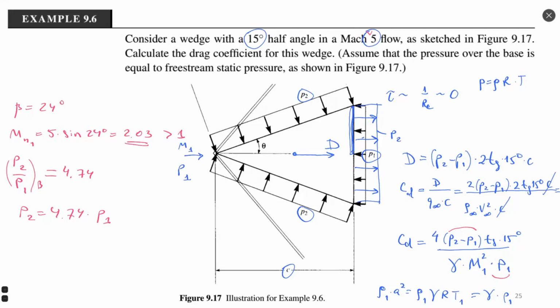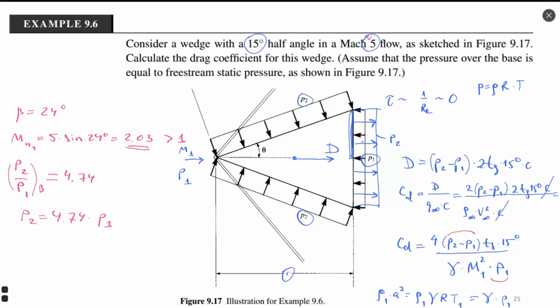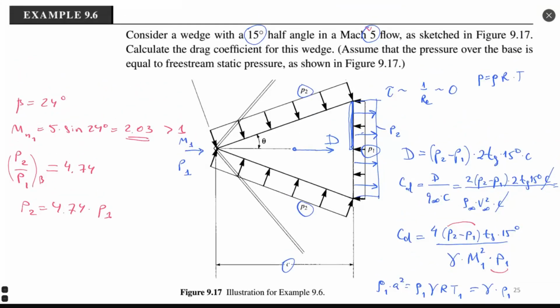Now I substitute inside CD. P2 minus P1 will be for us 3.74 P1, and P1 and P1 I will cancel. I will write it here if it's not so clear. CD would be 4 multiplied by 3.74 P1 tangent of 15 degrees, divided by gamma M1 squared and P1. I hope it will be correct, because I'm not looking at any other notes.